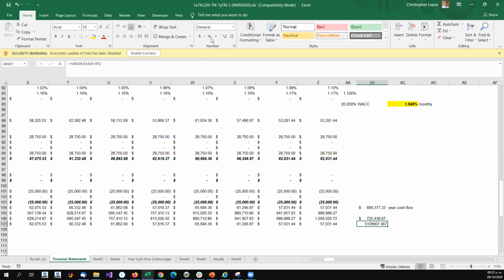And there is the value of the business, 5 million pesos. That is a fairer value that Fernando can use to sell his business if he's expecting the business to last forever, as we were just saying. So that's how you calculate the terminal value of a business.